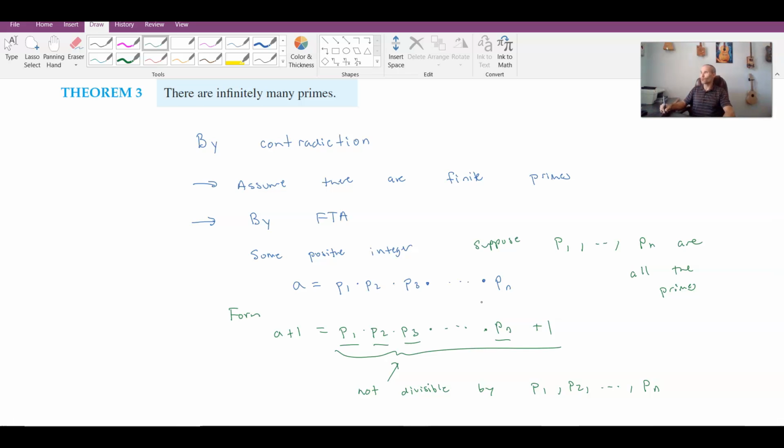So none of these primes, p1 through pn, could possibly divide this number, because if I take this whole thing divided by, say, p3, then this first term here, I can cancel out a p3, but 1 is not divisible by p3. In fact, there is no prime number that divides 1. Therefore, what must be the case is there's another prime that's not mentioned in here. So there must be another prime.